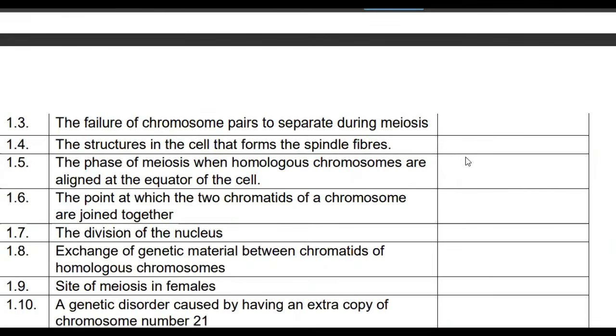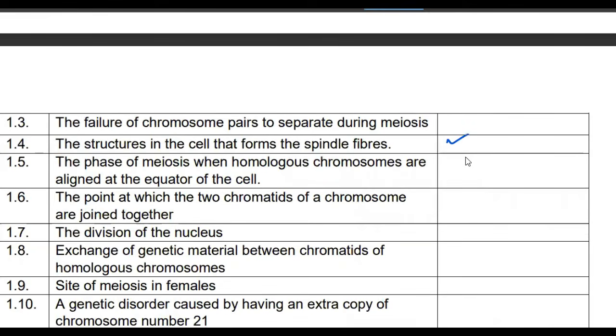The structure in the cell that forms spindle fibers is the centrioles. The phase of meiosis where homologous chromosomes are aligned along the equator is metaphase 1, because they are saying homologous chromosomes. The point at which the 2 chromatids of the chromosome join, we call it the centromere.